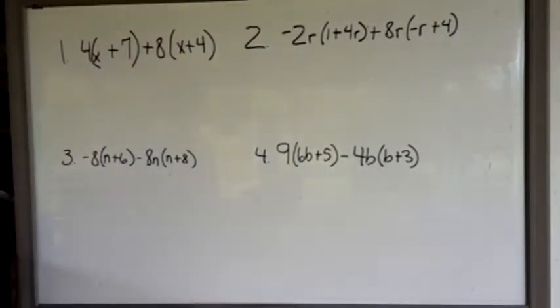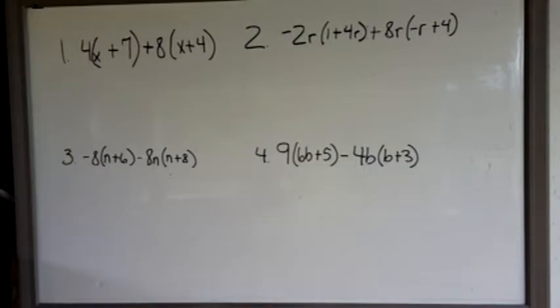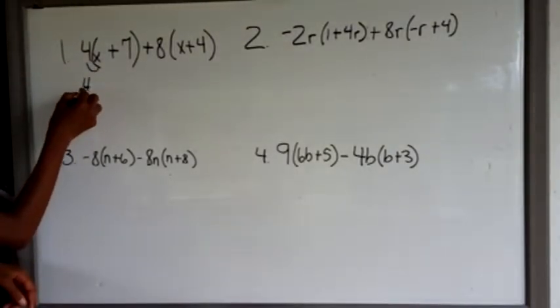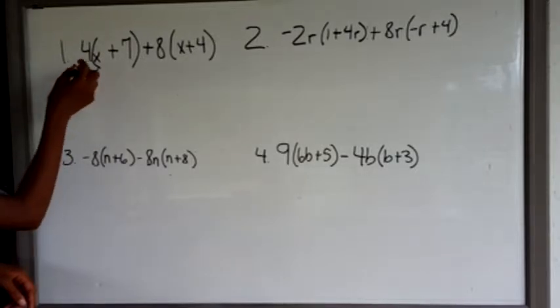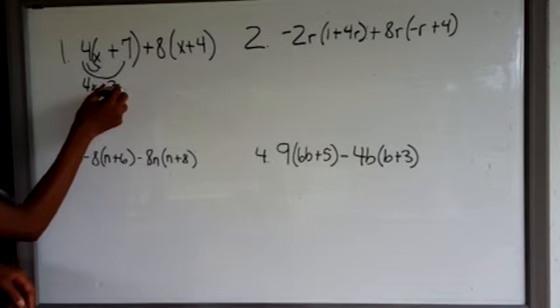Alright. So for the first one, we have 4 times x plus 7 plus 8 times x plus 4. Alright, so we're going to distribute our 4 first. 4 times x is 4x. And then 4 times positive 7 is positive 28.